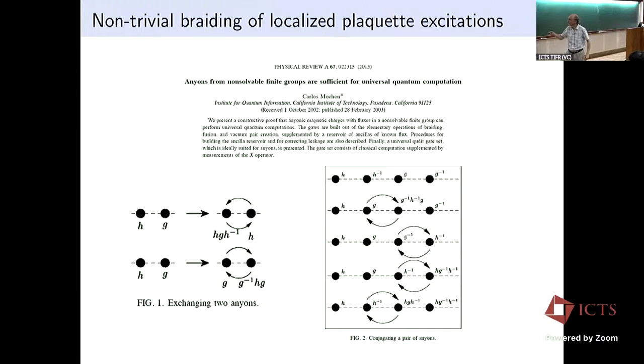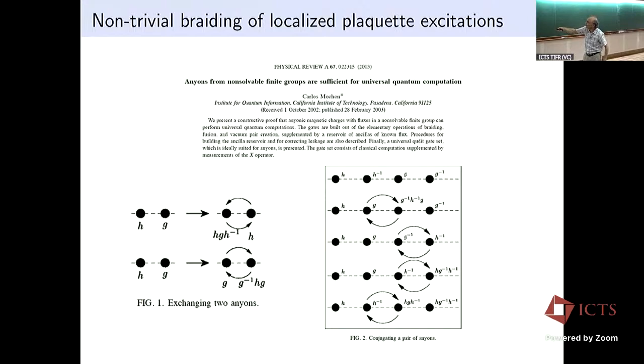But when the group is non-abelian, if you carry out these braiding processes, each of those fluxes carries a group element. When you make this exchange, the element of one of the two gets conjugated by the other.